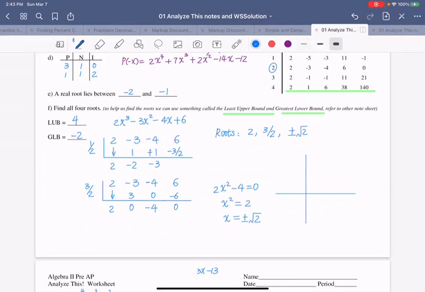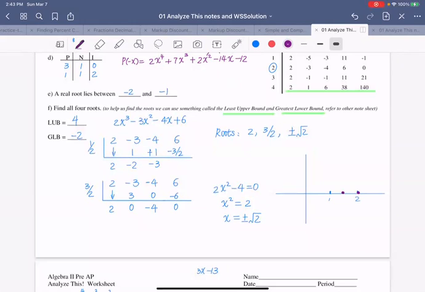You have roots at 2 over here, and you have a root at 3/2, which is 1.5 over here.